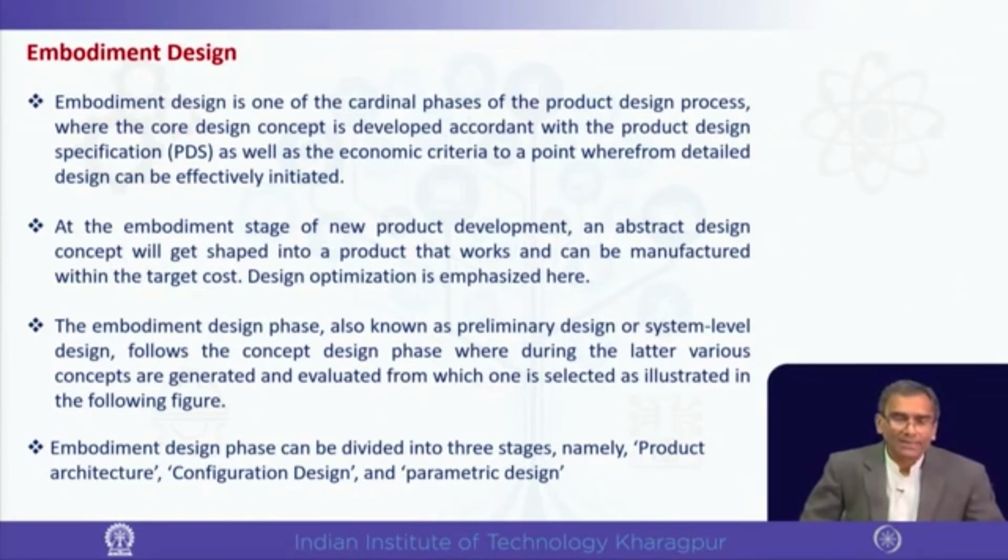It is developed in accordance with the product design specification, that is PDS, as well as economic criteria, that is, what the cost constraints will be and what the pricing on the target cost will be. So, accordingly it has to be developed.